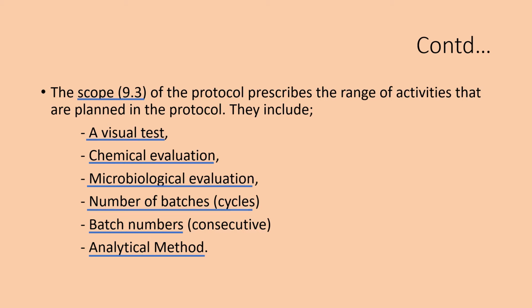The scope by definition encompasses many activities, which are as follows. A visual inspection to confirm that the equipment is obviously clean without any residues sticking inside the equipment. Chemical evaluation on the amount of the residue of API, intermediate or excipients, etc., and microbiological cleanliness wherever applicable and necessary.